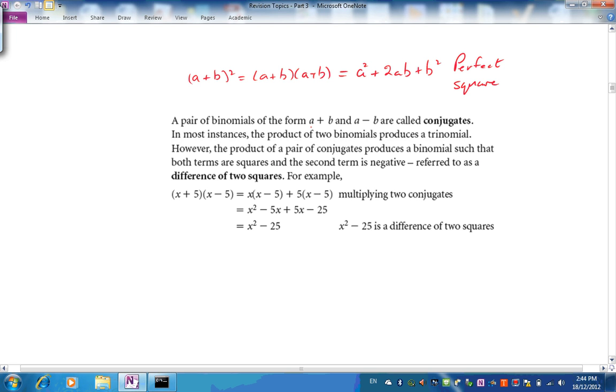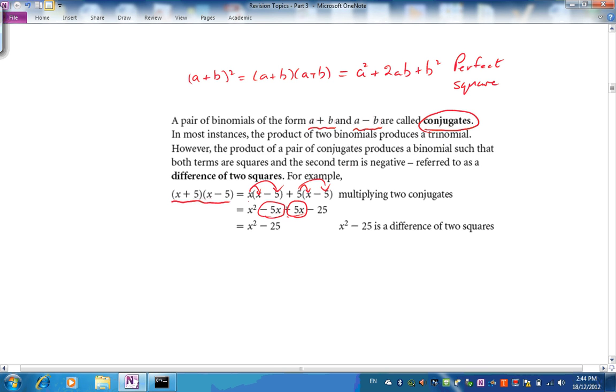But what about this where you have a difference in sign between the two terms? They're actually called conjugates. They're given a special name because when you multiply them out you might remember, and here we are, making sure we do all the FOIL multiplications. And look at this, wow, because it's x take 5 and then x plus 5, the middle terms cancel out.